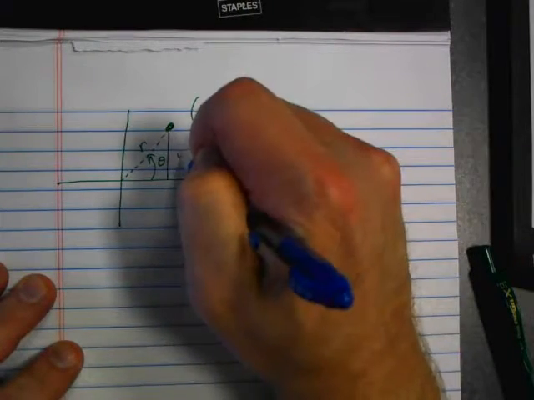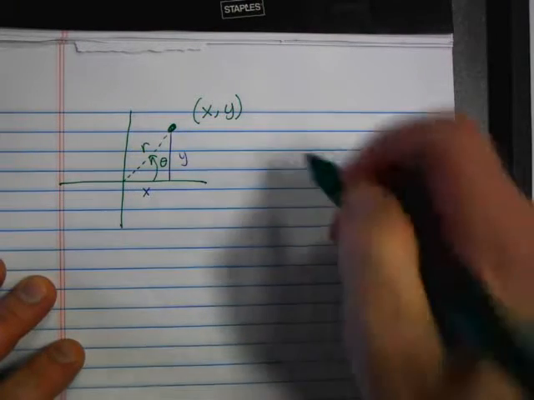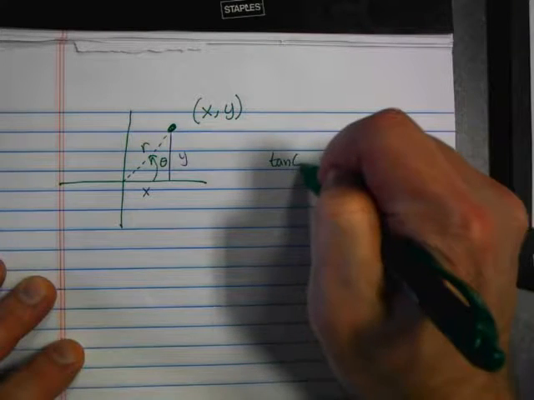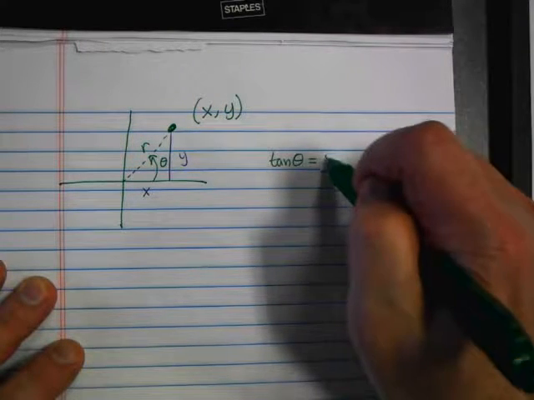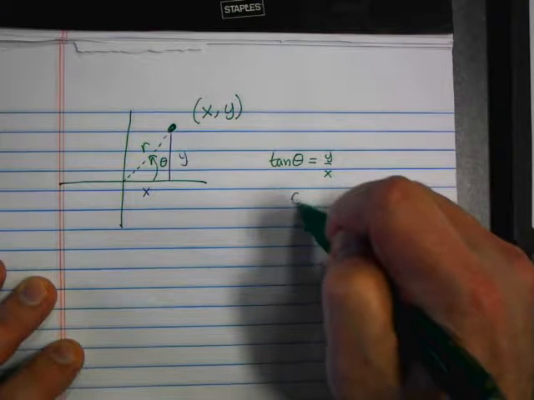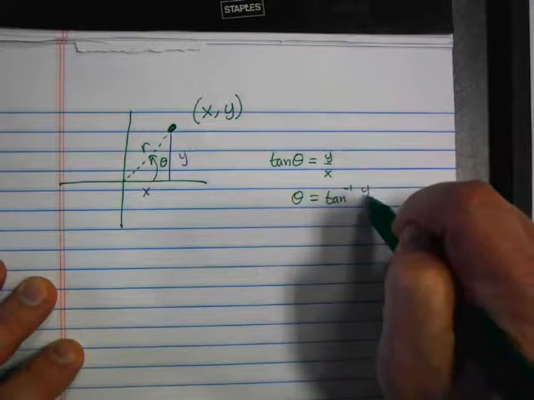What you're doing is you're drawing the triangle again. This is y, this is x, and you're telling me tangent of theta is y over x. So in other words, theta is going to be tangent inverse of y over x.